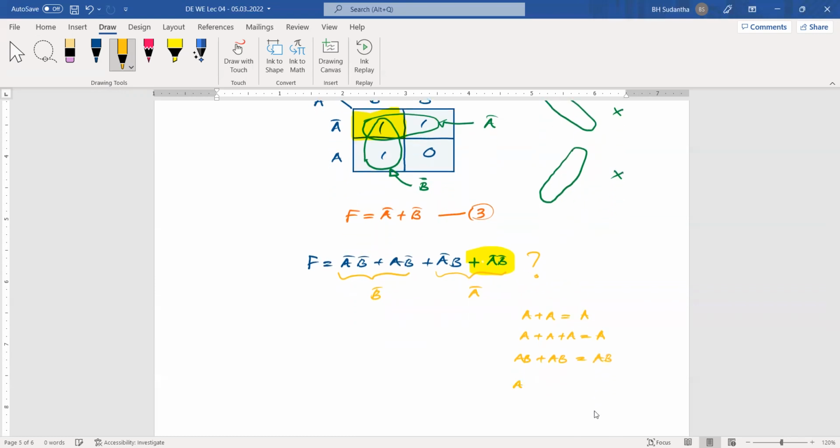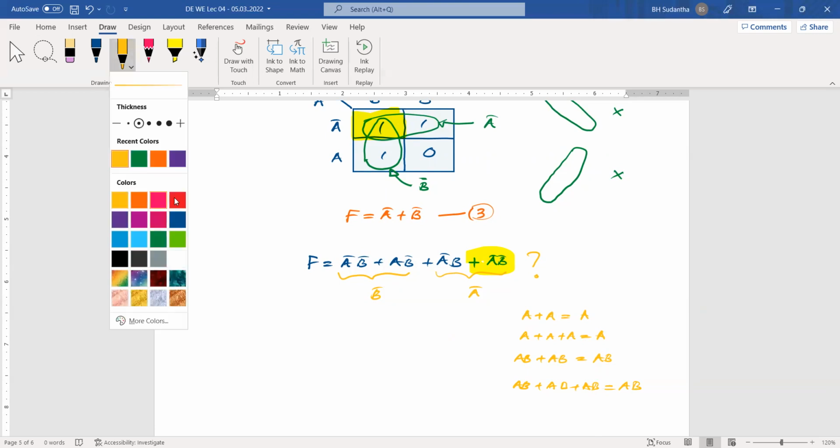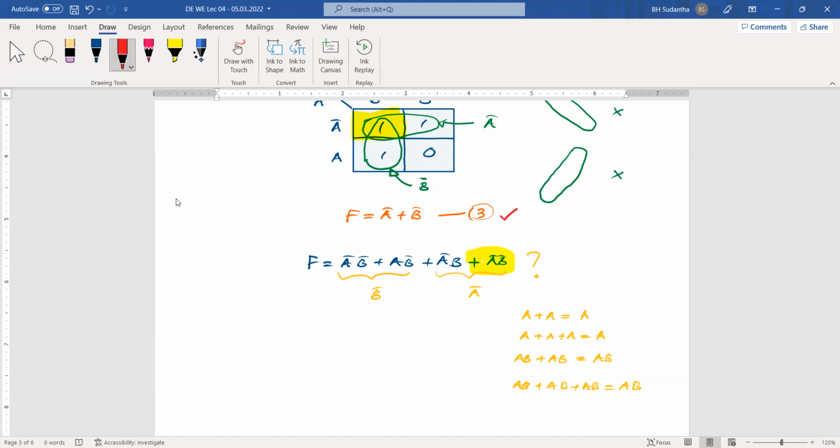Again, if we have AB plus AB plus another AB, the result is AB. Adding one term many times doesn't affect the final result. Then here we have taken A bar B bar twice, and it doesn't make a problem. Okay, then we can do this one. Then if it is okay, I think this is the best equation and this is the good one.